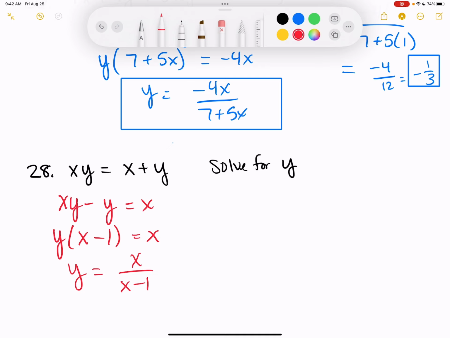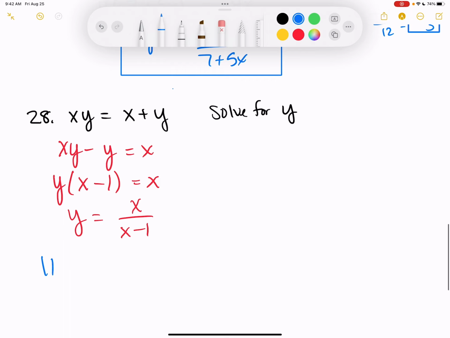So, problems 5, 9, 17, 23, 29, and 33. 33 is basically like the first problem that we did. It's just a word problem, but it's the same stuff that we did. So 29 is the 3 variable problem that I want you to try.